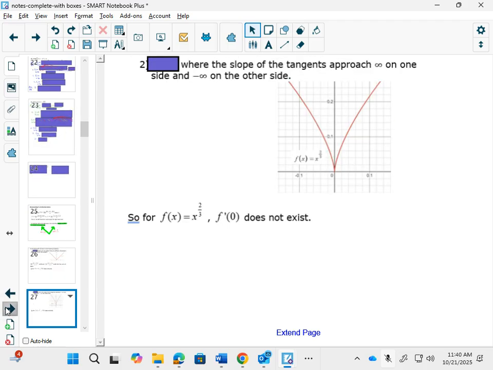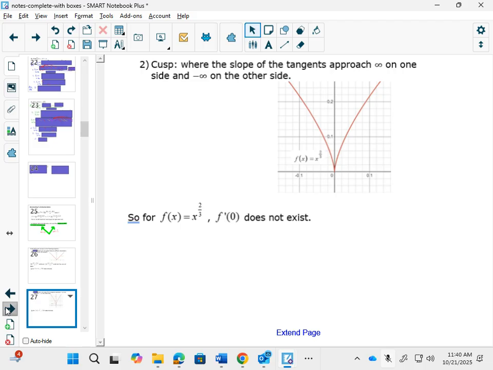The derivative does not exist at cusps. Here's a new mathematical word for you. Here's the graph of x to the 2/3. You've never graphed x to the 2/3 before. It has a sharp point. You cut your finger if you touch that spot. But unlike the absolute value, when you look at both of these, the slopes become straight lines almost because it gets super up and down.